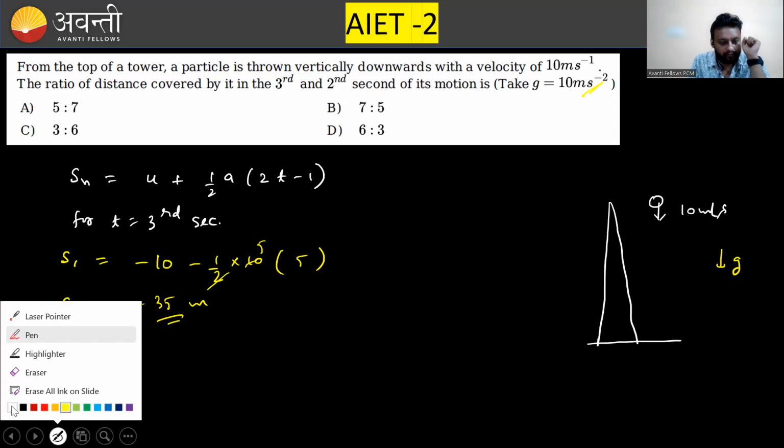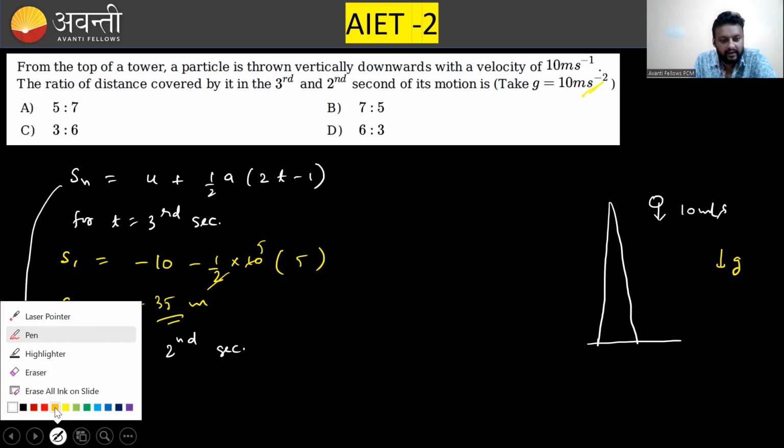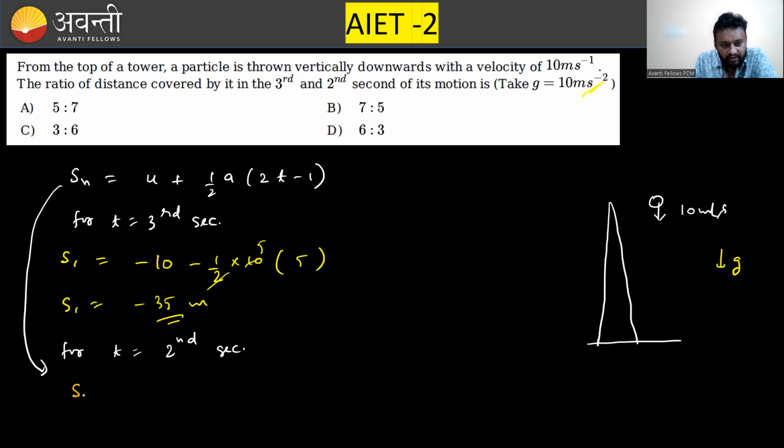Now, if I talk about t equals to 2, just put t equals to 2 in this equation. Let's suppose this distance is s2 is equal to, u is again minus 10, minus half a, which is 10, minus 10, times (2t minus 1). 2t minus 1 is 4 minus 1, that is 3.